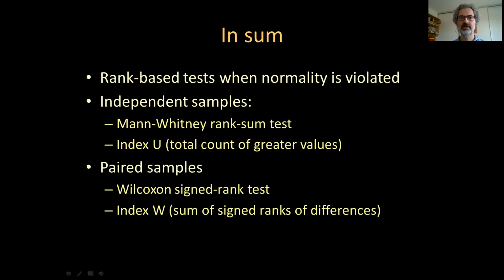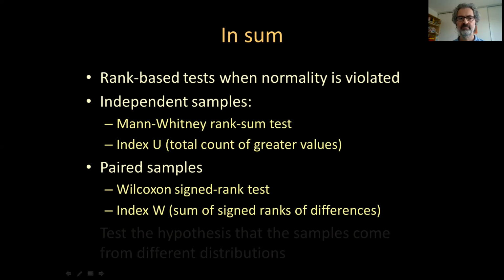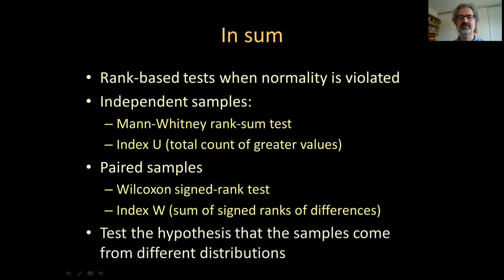That is after discarding 0 differences. Both of these tests test the hypothesis that the two samples or the two groups come from different distributions. And we know we have to use one of these when our test of normality is violated. That is, when we get a statistically significant Shapiro-Wilks test.